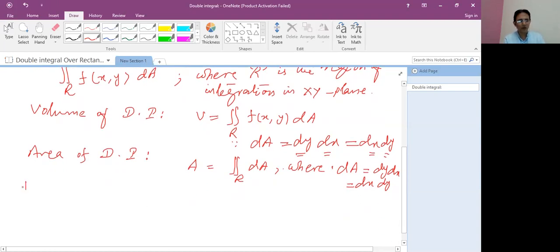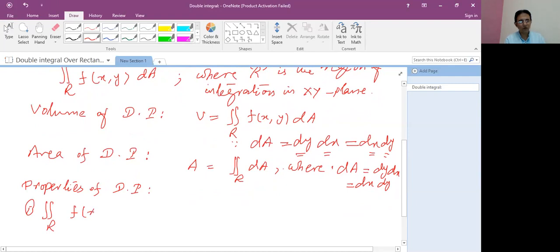what are the properties of double integral? Here, D.I. represents double integral. The first property of double integral: R is the rectangular region.